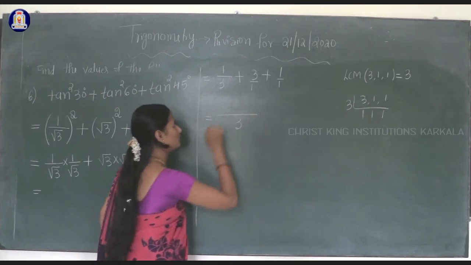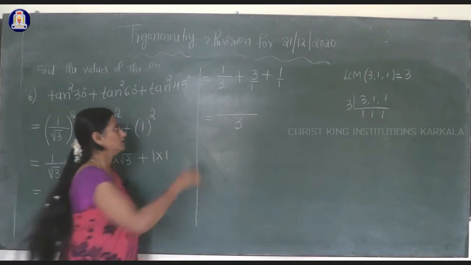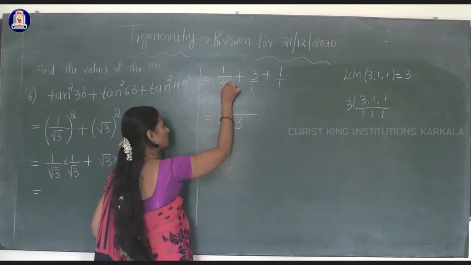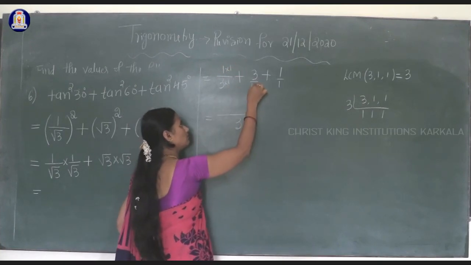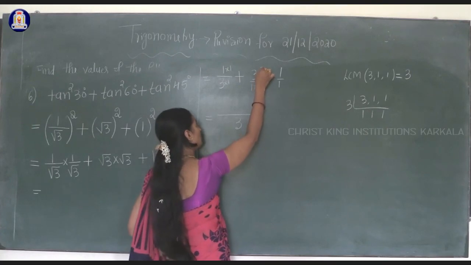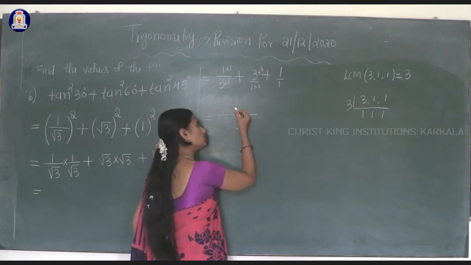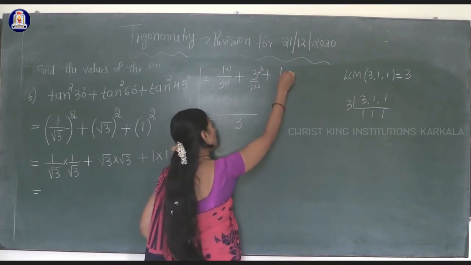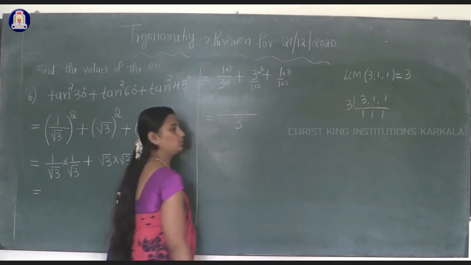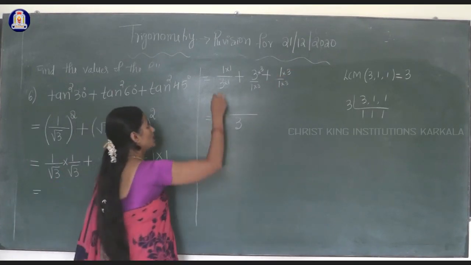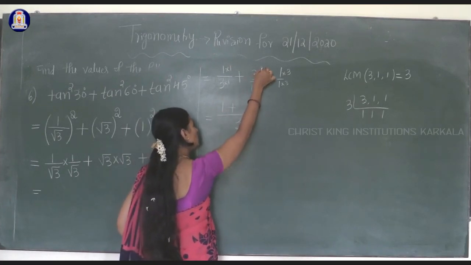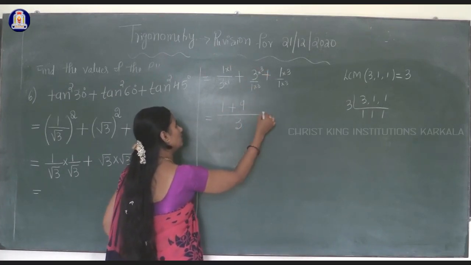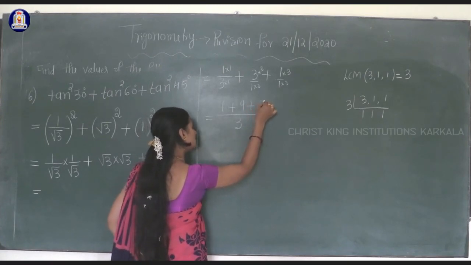The numerator 3: how much is 3? 3 ones are 3. So 1 into 3. For the next 1, it is 1 into 3. Now 1 into 1 is 1, plus 3 into 3 is 9, plus 1 into 3 is 3.